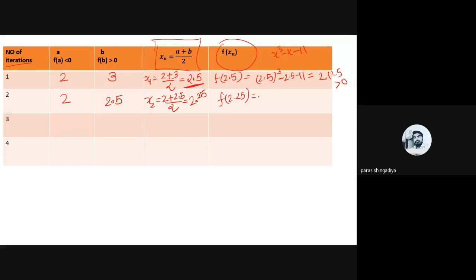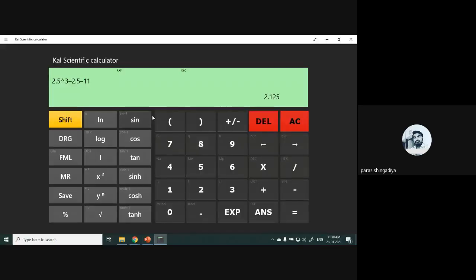Replace 2.25 in the function: 2.25 cubed minus 2.25 minus 11. So just derive the answer. That will be minus 1.8593. Is it correct or not? Does everyone get this answer? Minus 1.8593.